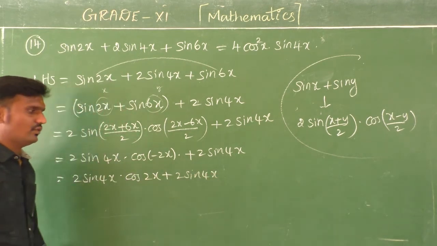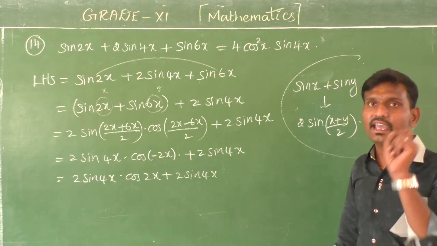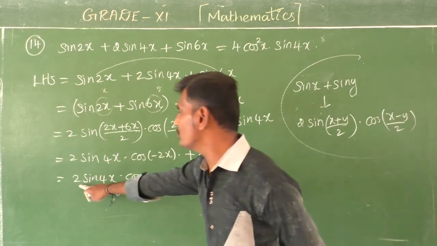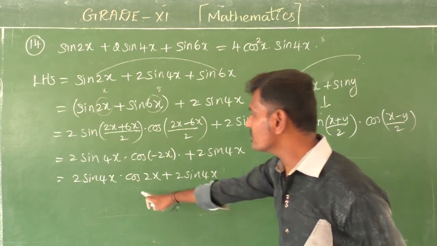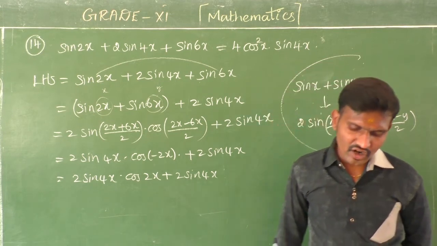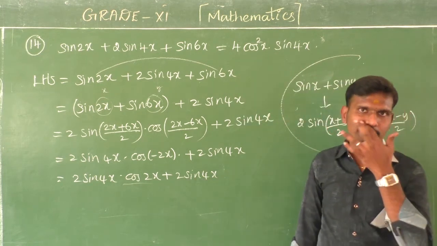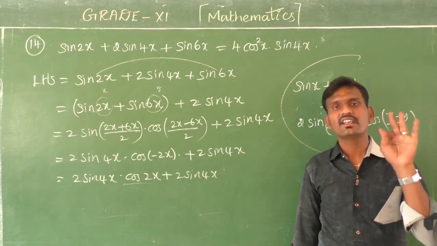Now see, you have three terms, so listen carefully all of you: 2 sin 4x into cos 2x, plus 2 sin 4x. Based on this, for cos 2x you have a formula, no? The double angle property: sin 2x, cos 2x, tan 2x.